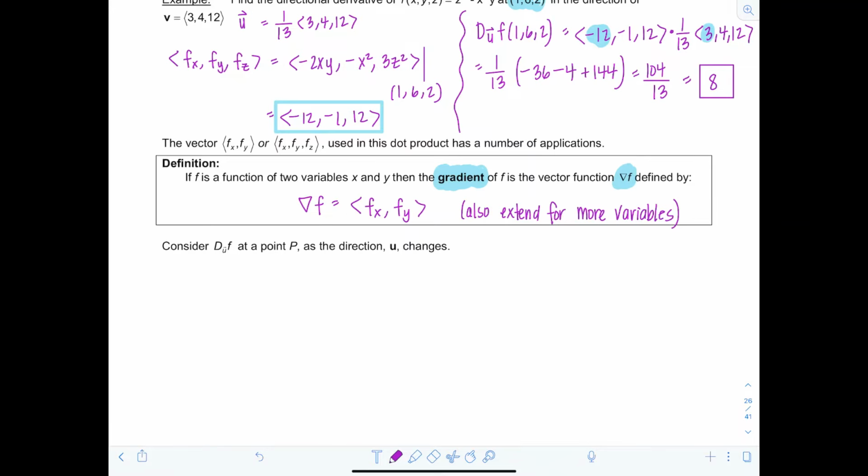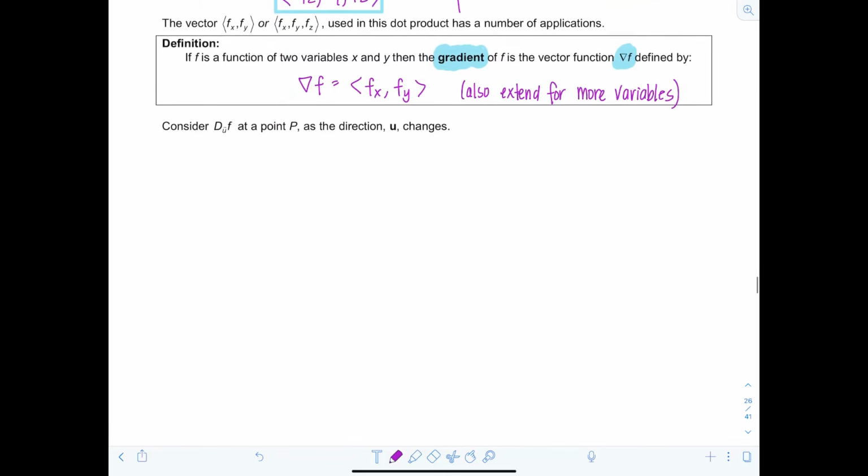What we want to do is consider how the value of the directional derivative changes as we change u. Now that we know the directional derivative can be written as the gradient of f dotted with u, we can rewrite this dot product as the magnitude of the gradient of f times the magnitude of u times cosine theta, where theta is the angle between the gradient of f and u.